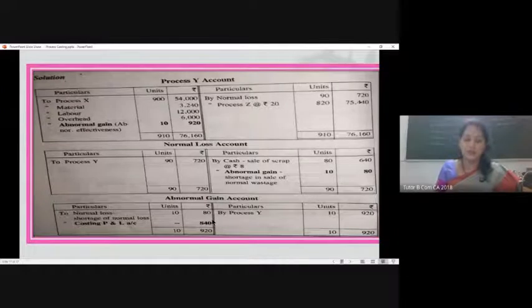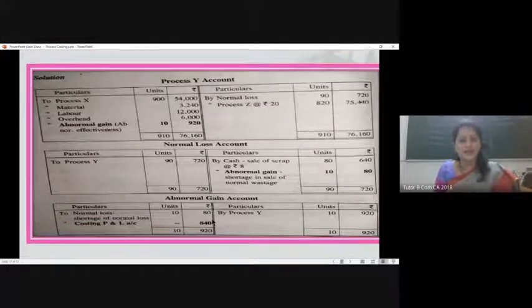So in our previous classes and in today's classes, we have covered three things. That is, how do we account for if we had a condition of normal loss? How do we account for if we have a condition of abnormal loss? And in today's class, we discuss how do we account for a condition of abnormal gain. Now, the condition of normal loss is something that is expected by the business organization.